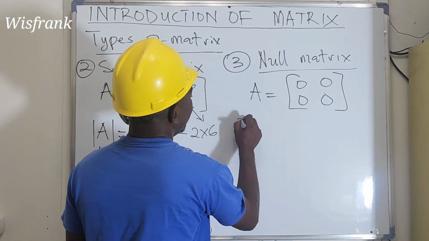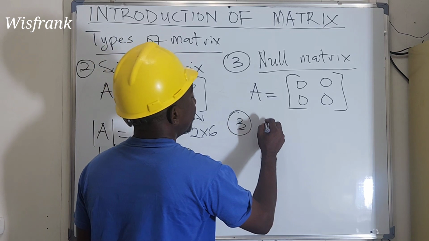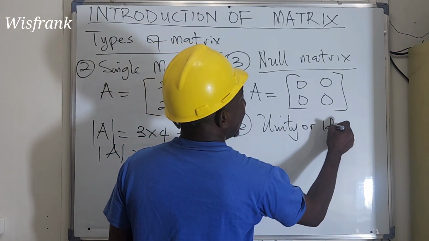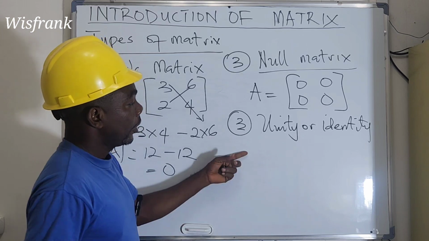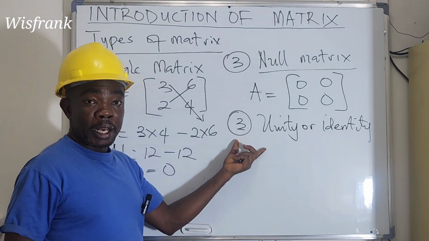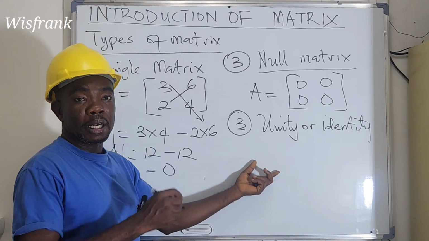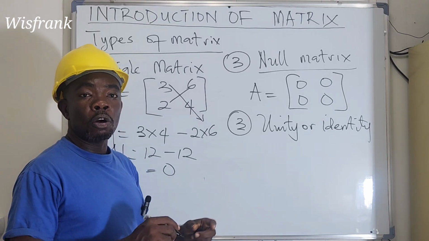So we have the fourth one, which is the unity or identity matrix. For us to identify a unity or identity matrix, the right diagonal of this matrix must all be 1.